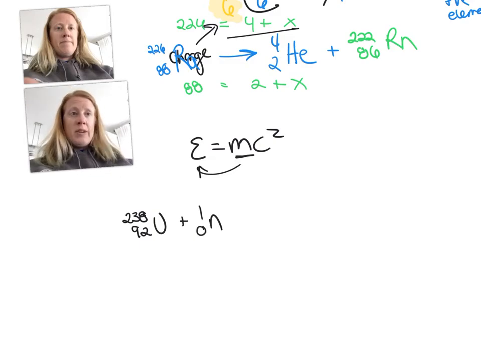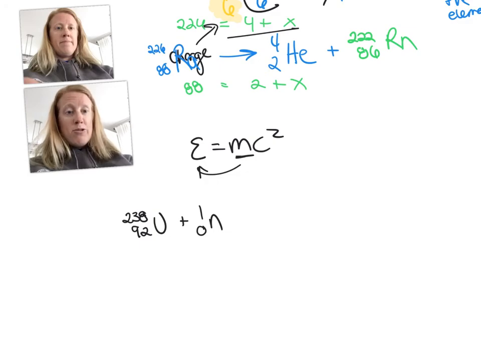So already you can see what's different, okay? What's different here is that I'm taking a uranium nucleus, which is unstable already, and I'm hitting it with a neutron as opposed to just letting it sit there and spontaneously decay. This one I'm forcing to decay. I'm going to use a neutron because it doesn't have any charge, so it can get close to that uranium nucleus.